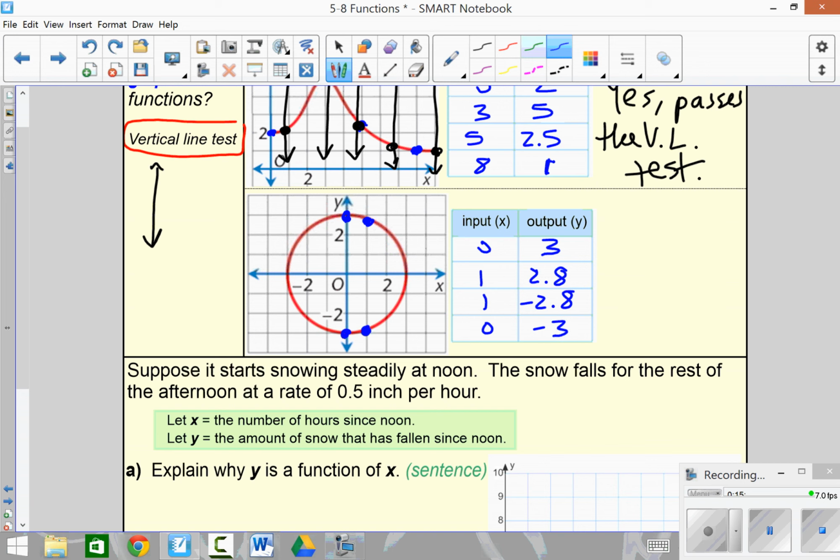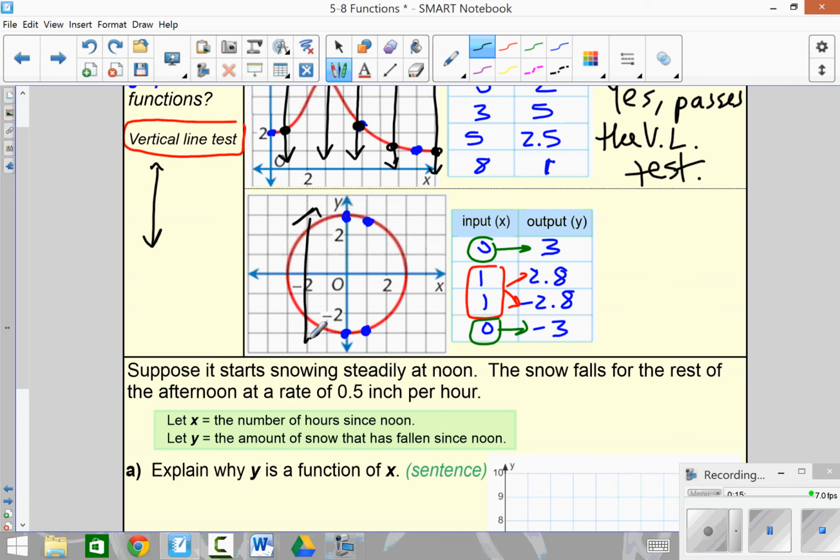Well, according to our table here, does this represent a function? No, it doesn't, because, take a look, this one single input, a 1, produces two separate outputs. Breaks the rules. Even this one, 0 and 0, the same input, but they each come out with separate outputs. Okay, let's try the vertical line test. Is there anywhere on this graph where I can draw a vertical line and it passes through more than one time? Well, yes.